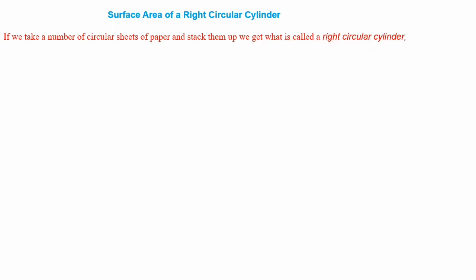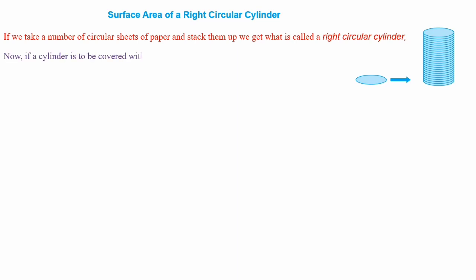If you place one circular sheet above another up to a particular height, we get this shape, called the right circular cylinder. Now if a cylinder is to be covered with colored paper, how will we do it with the minimum amount of paper?